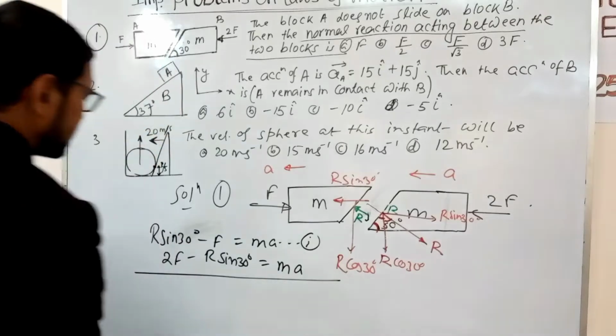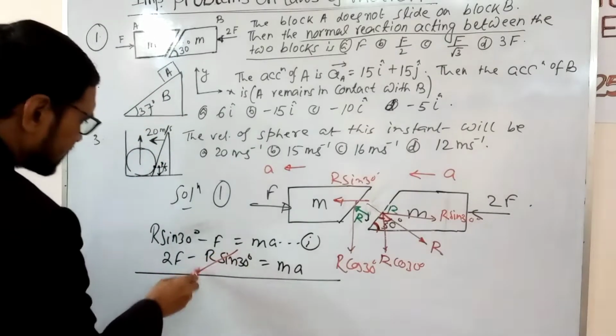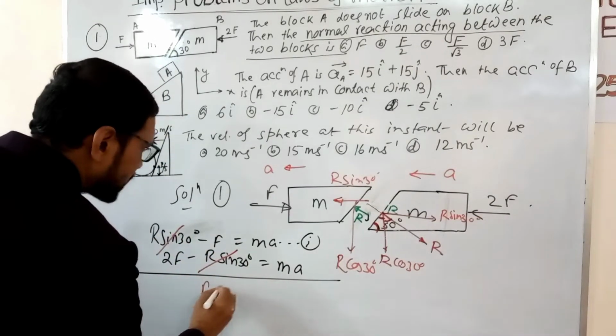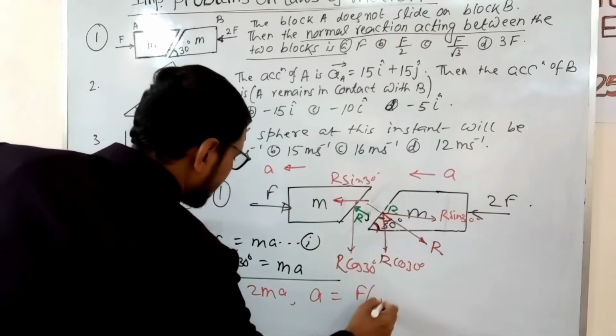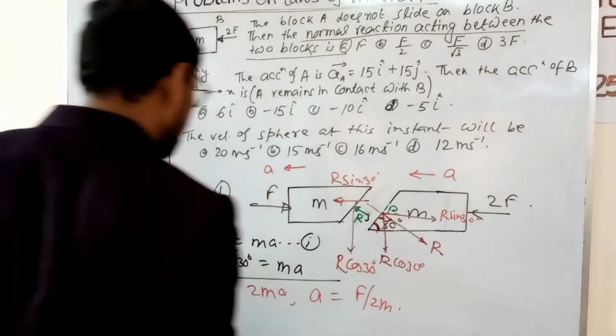Now add them: the R sin 30 cancels, 2F minus F is F, and we get 2MA, so A equals F by 2M. Now what is the normal reaction?